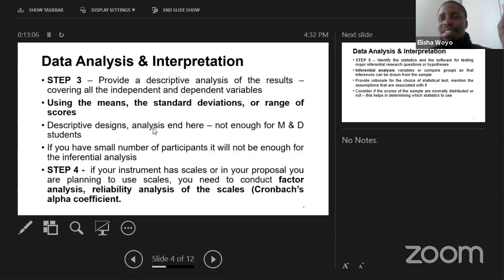So descriptive designs, of course, we are going to cover some issues of research designs at some point when we get time. But descriptive designs are not good enough for masters and doctoral students. Descriptive analysis is good as part of the package, but ending at descriptive analysis is not good enough for students.